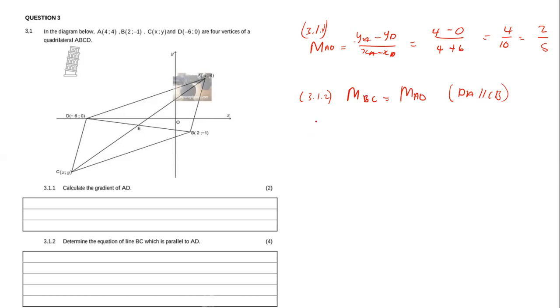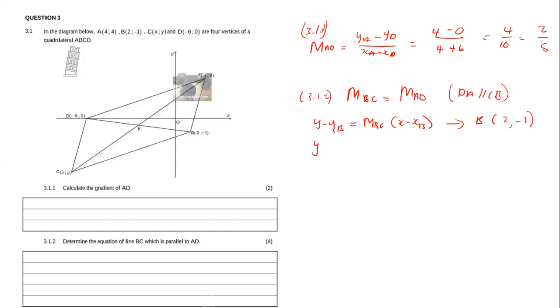Now we can say y minus y of B is equal to the gradient of BC times x minus x of B. This equation will pass through point B, hence why I said y of B and x of B. You can say y1, x1, it is still fine. The coordinates of B in this case will be (2;-1).